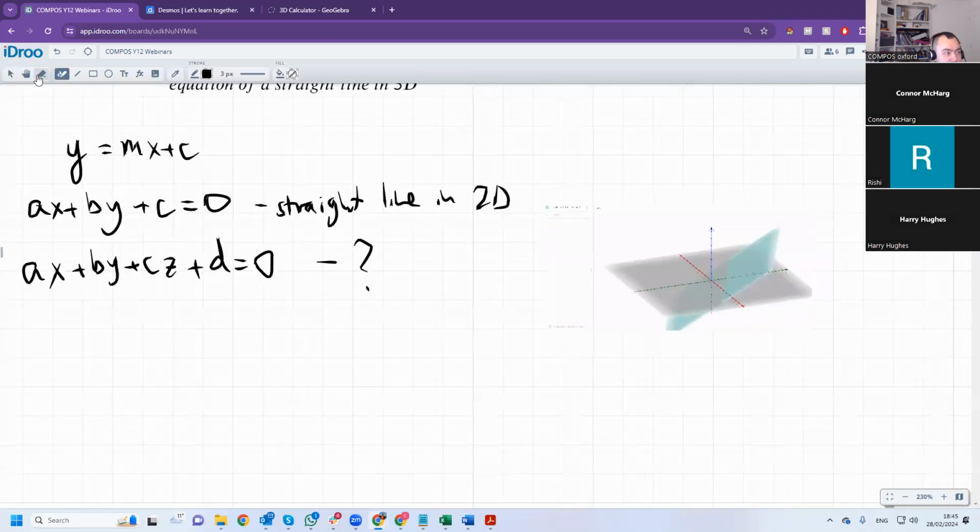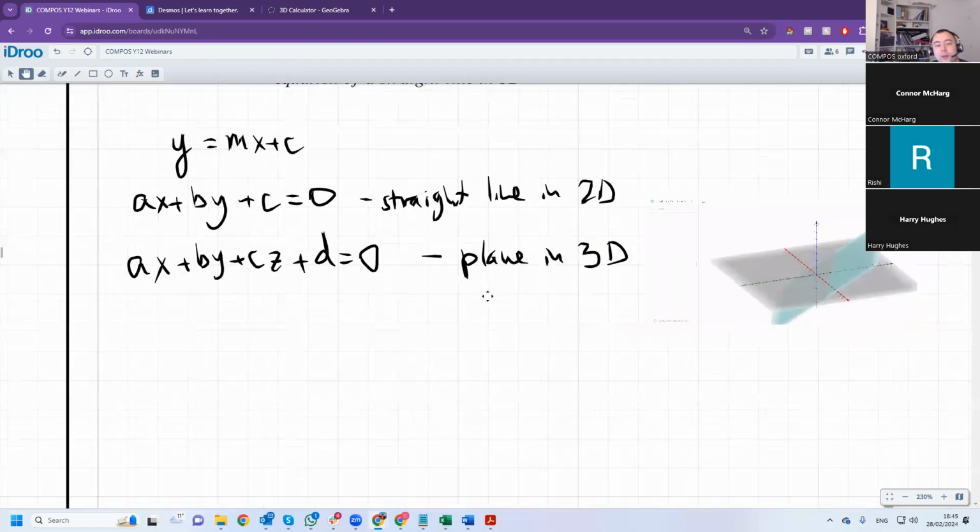It is a plane in 3D. So not a straight line.